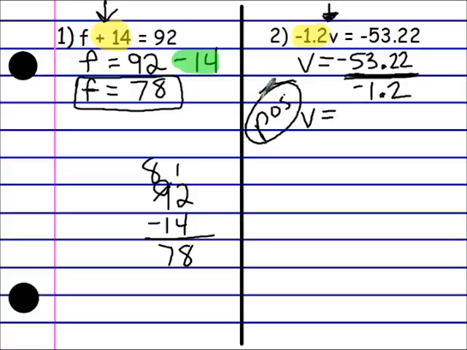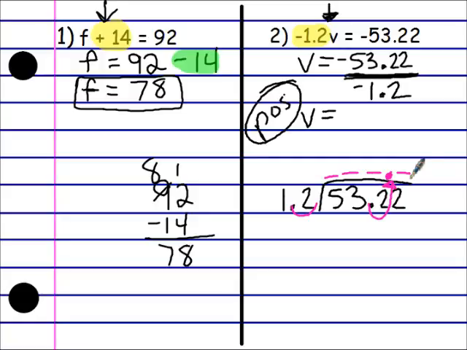And now I can divide 53 and 22/100 divided by 1 2/10. And of course, I'll need to move the decimal out and be fair. Move that decimal straight up to the top. We have 1, 2, 3 numbers before the decimal and 1 after.